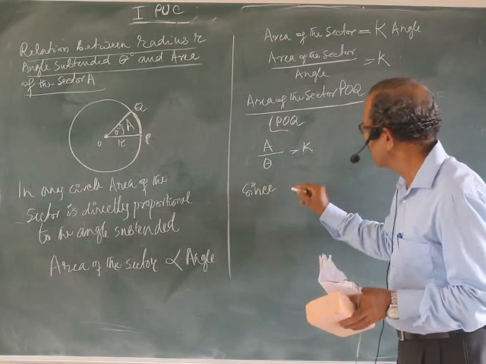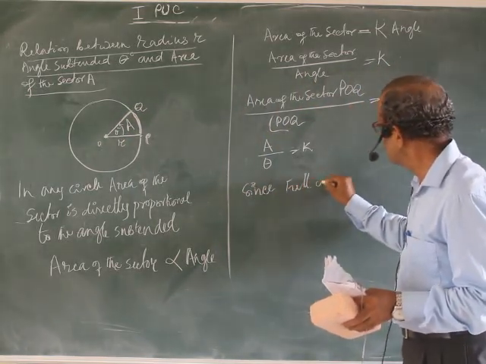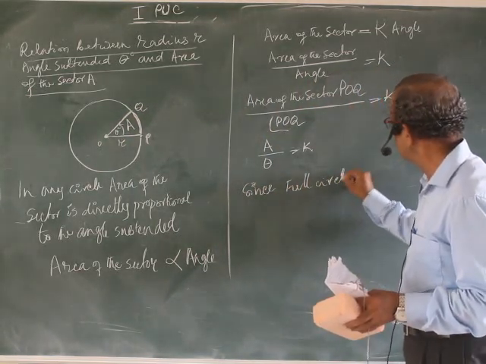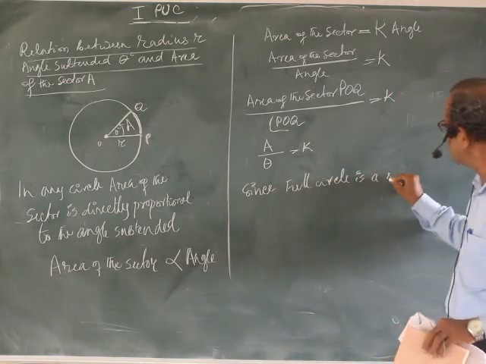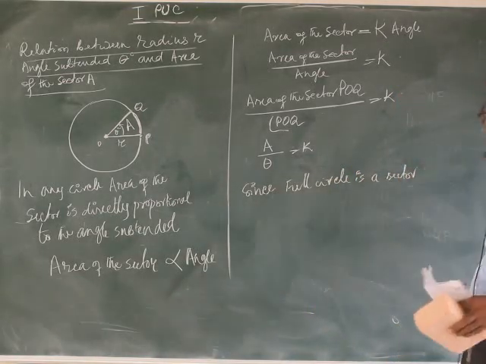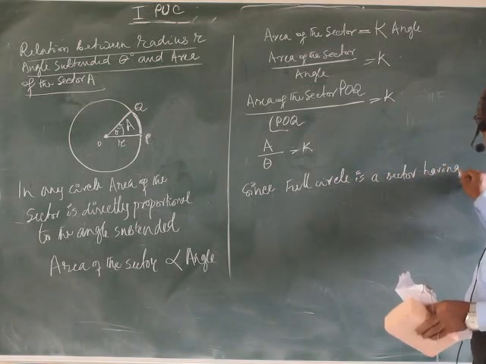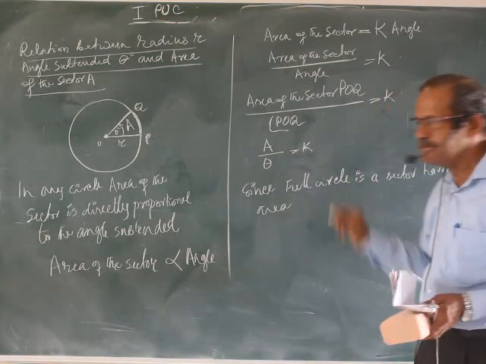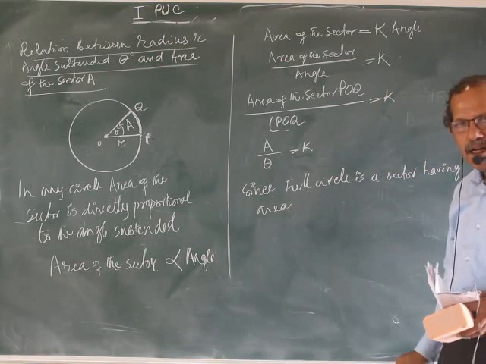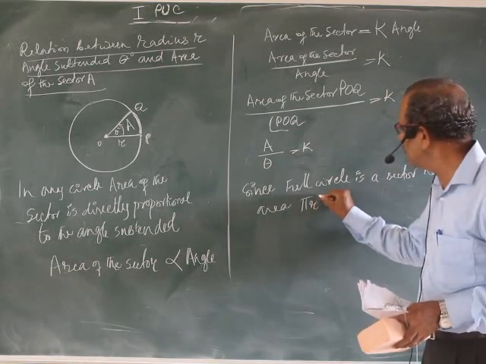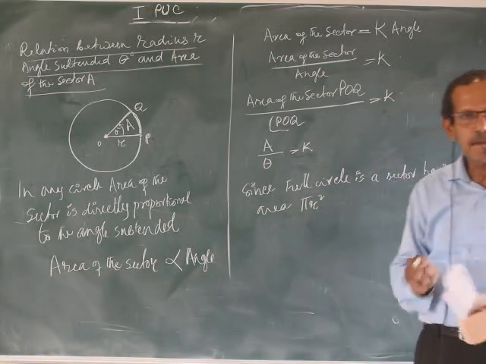Since full circle is a sector having area, what is the area of the full circle? Having area pi r square, that you know, area of the circle, pi r square, no?